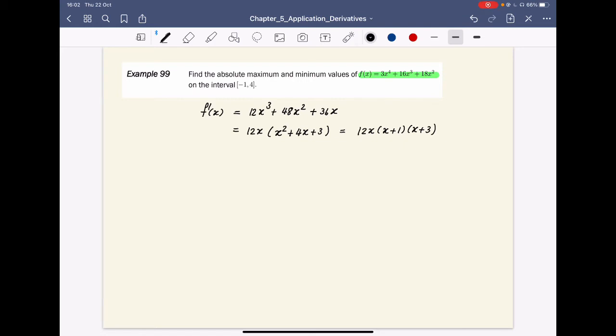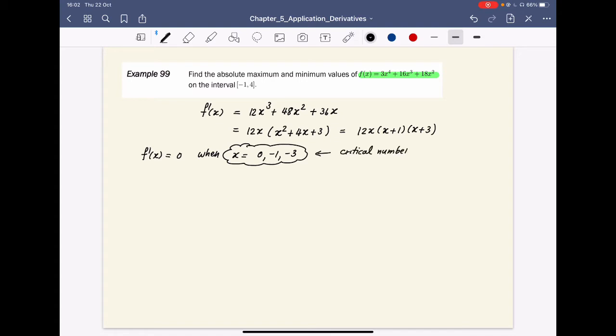Next, I have f prime now, so I can look at my critical points. So f prime of x is equal to 0 when x equals 0, -1, and -3. All right, these are my critical numbers.